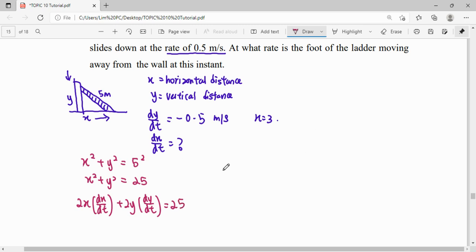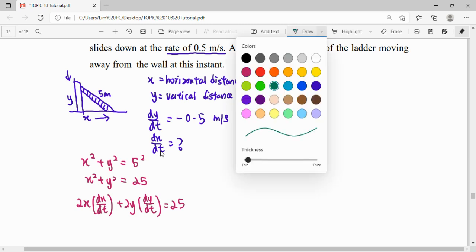From this differential equation, we can see dy/dt is already given, but y is not yet. The value of x is already given, so we have to find out our value of y. Then only can we find dx/dt.